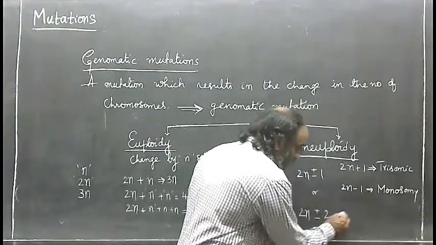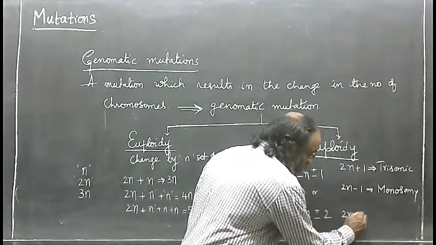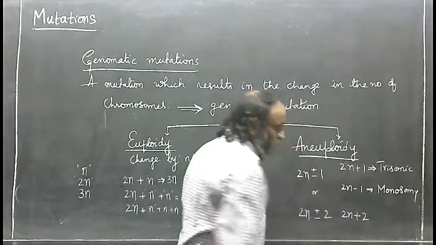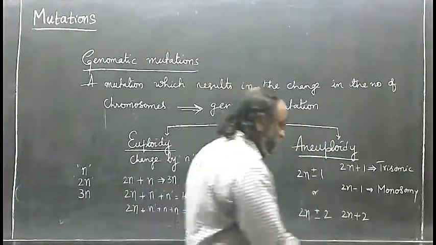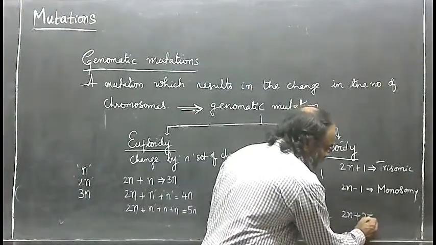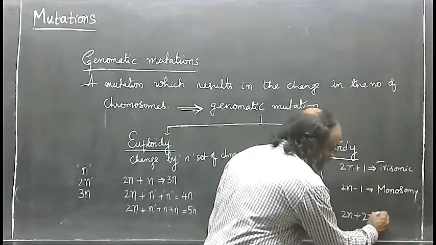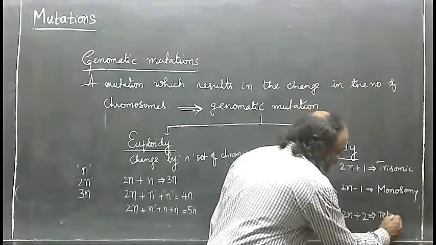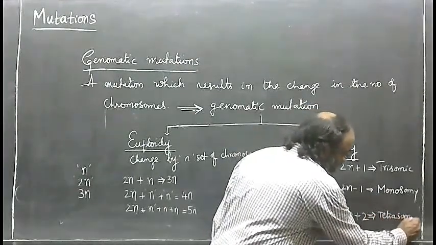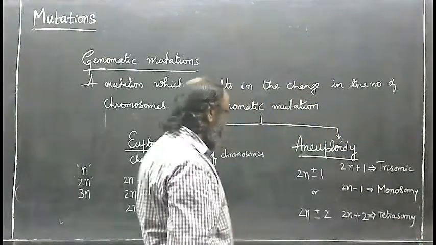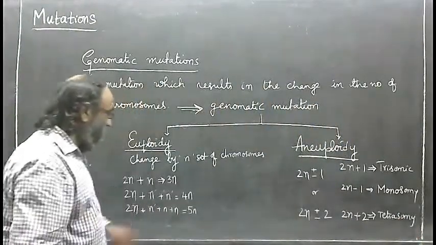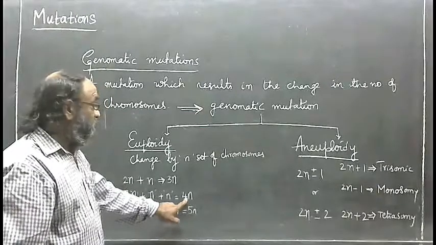If it is 2n plus 2, then the condition is called tetrasomy or tetrasomic condition. What about tetraploid?